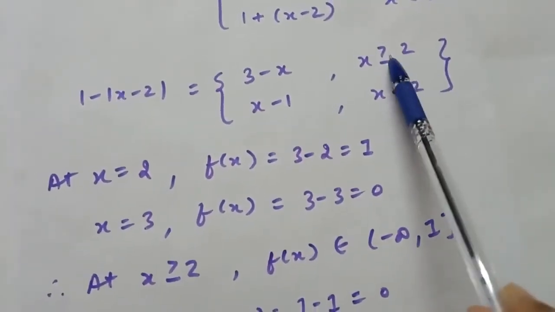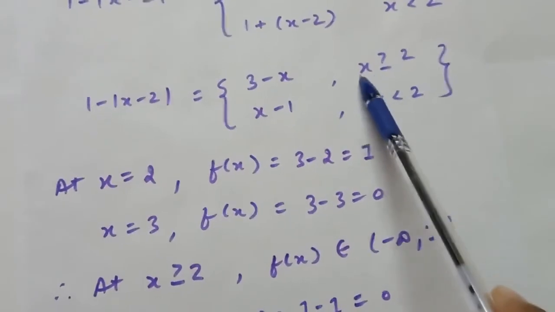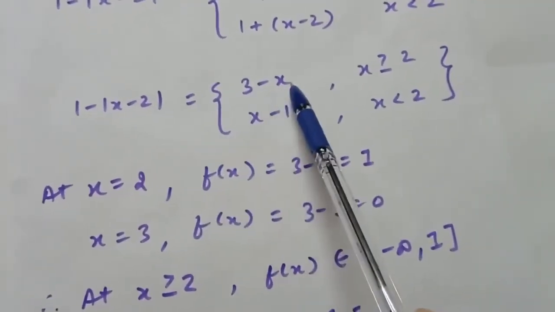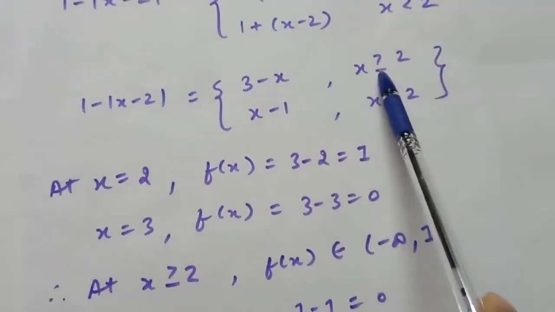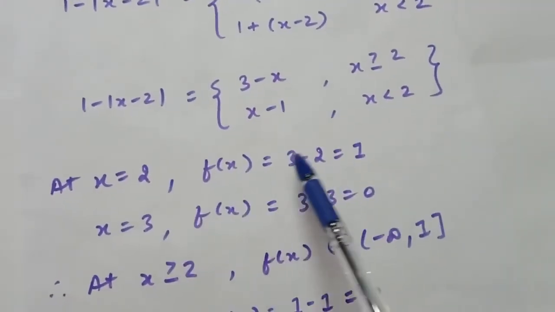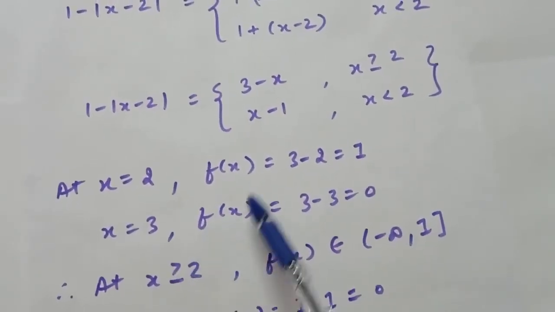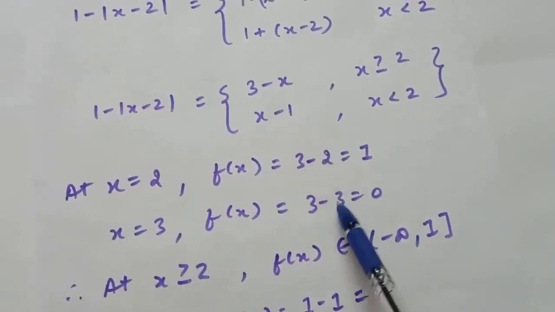Now first we solve for when x is equal to or greater than 2. The value of this function is 3 minus x. So at 2, f(x) will be 3 minus 2, 1. Then at 3, f(x) will be 3 minus 3, which will be 0.